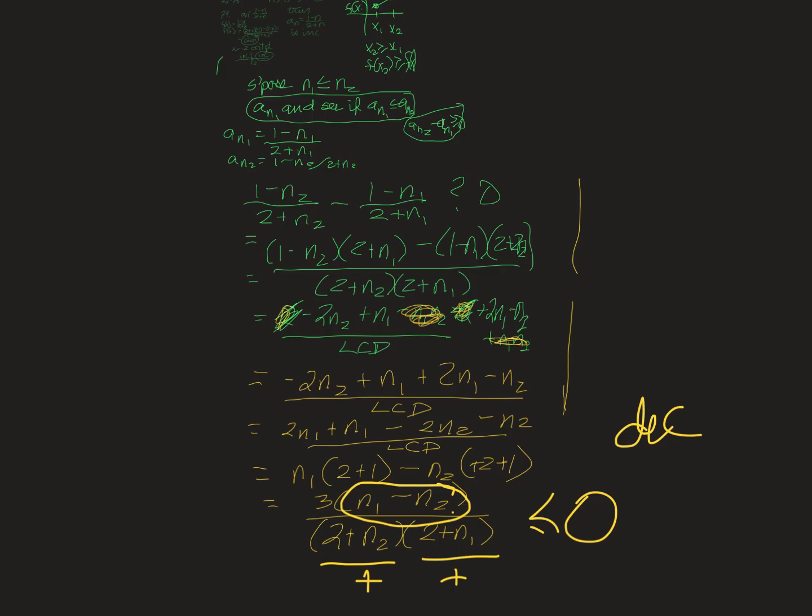This tells me I might have made a negative sign mistake, because I should have got an n2 minus n1. But somehow I have a negative for the n2s. Negative n2, and you get... Okay, well, there you go.